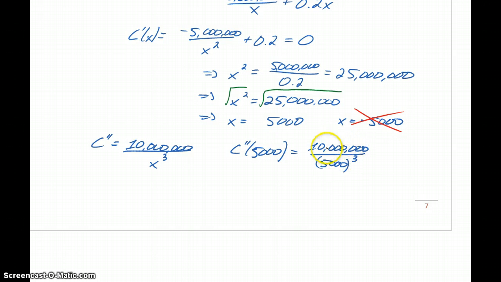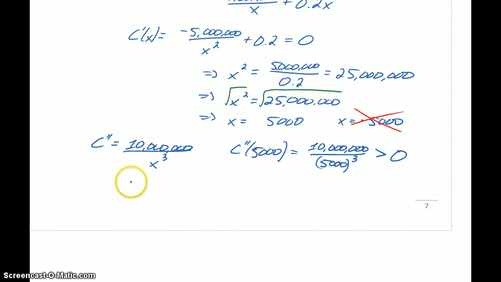And the nice thing here is we don't even have to figure out what this result would be. We just have to determine if we can say that it's positive or negative. In this case, a positive divided by a positive is going to be a positive. So that's greater than 0, meaning that C of 5,000 is an absolute minimum.